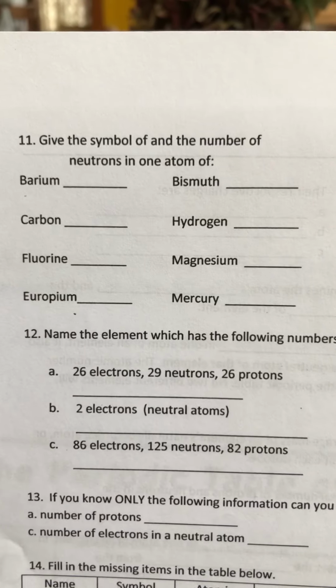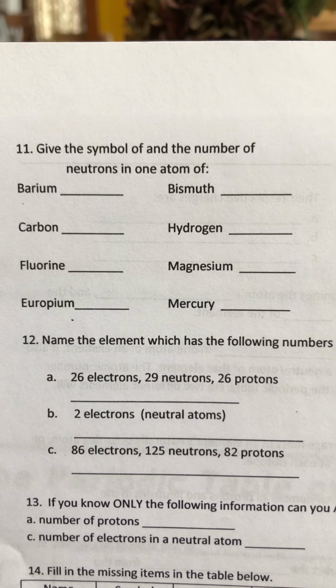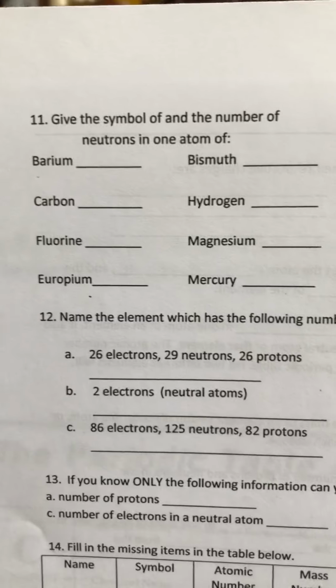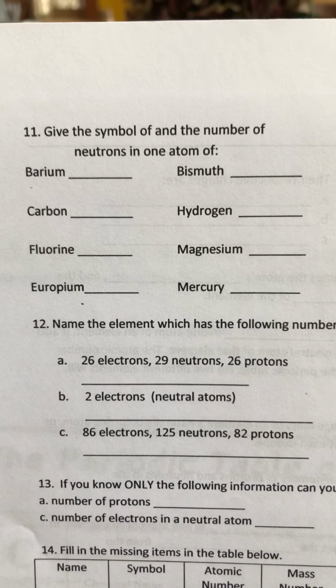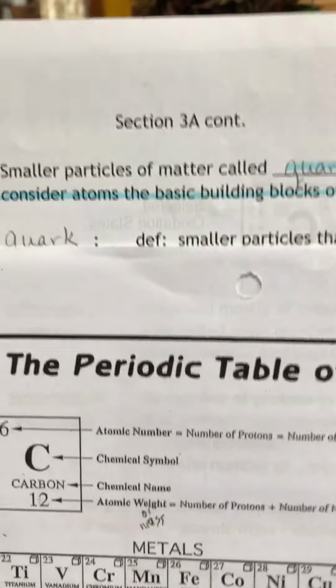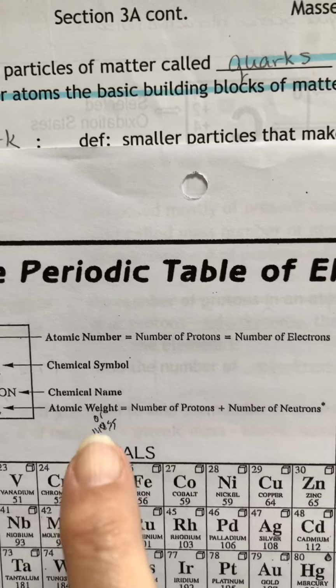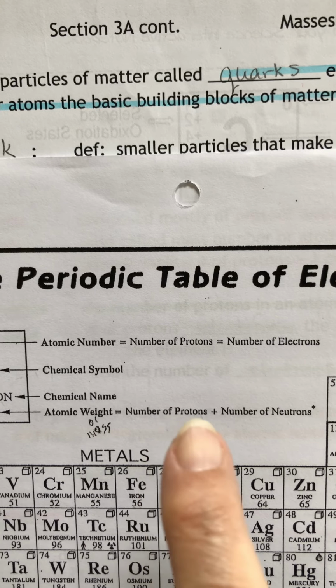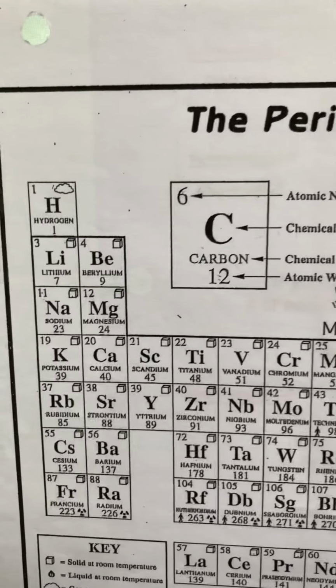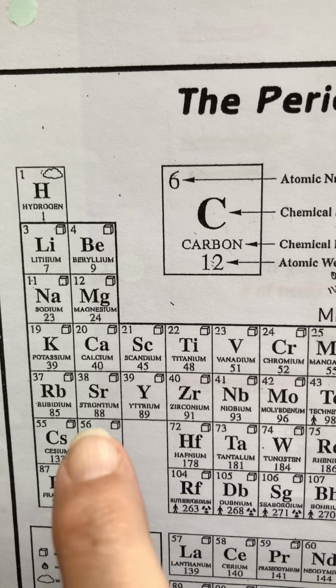Now, for number 11, it says, give the symbol of and the number of neutrons in 1 atom of barium, for example, the first one. All right. So on our periodic table, it says that the atomic mass is the number of protons plus the number of neutrons. So the mass for barium is 56.